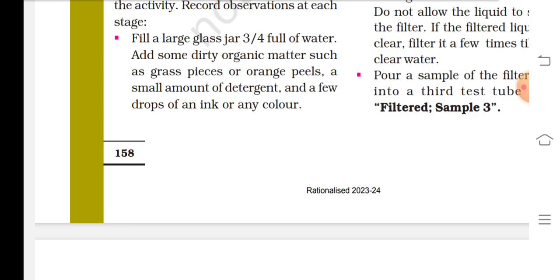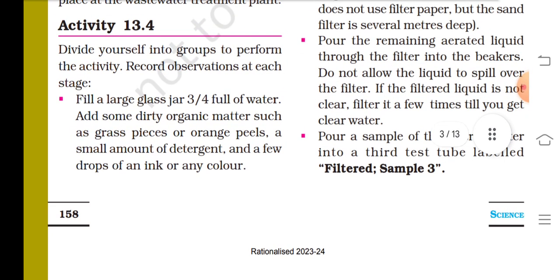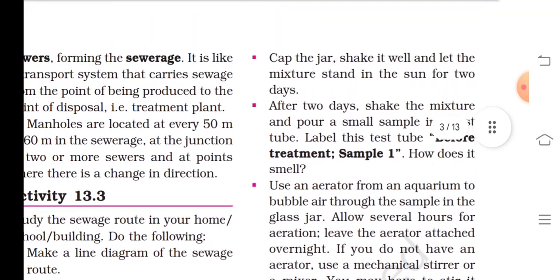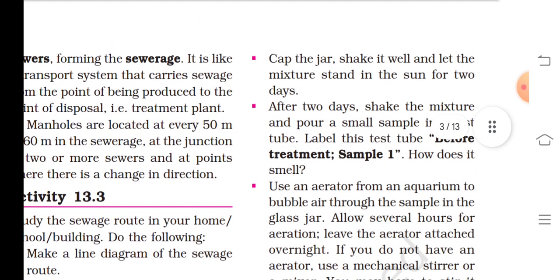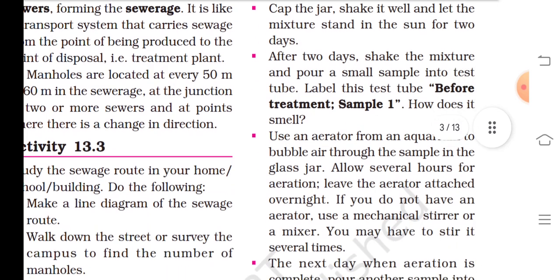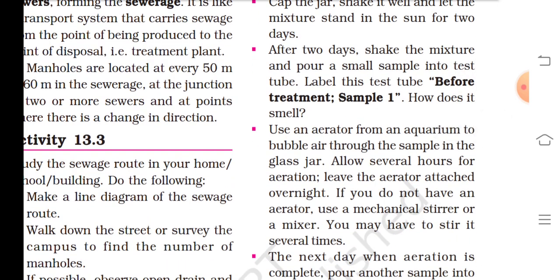Add some dirty organic matter such as grass, spice, or orange juice, a small amount of detergent, and a few drops of ink or any colors. Cap the jar, shake it well, and let the mixture stand in the sun for 2 days. After 2 days, shake the mixture and pour a small sample into a test tube.